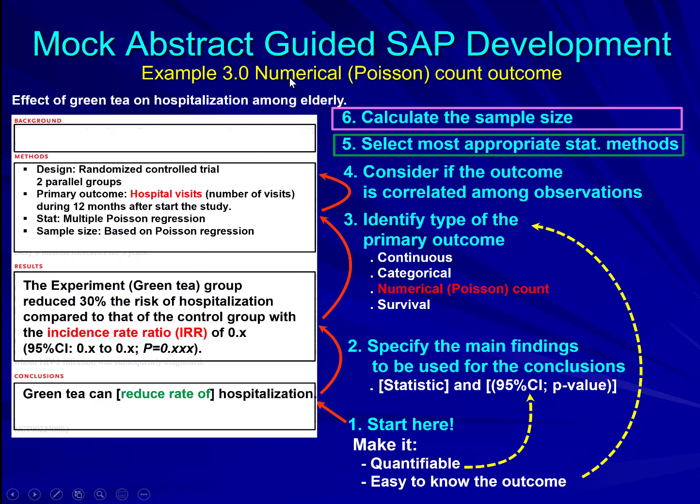Okay, as you can see, change the type of the outcome to numerical count. We write the conclusions in this way. Maybe the first time you are not clear what to put here, but for now, just understand that it really depends on what will be presented, because we will present the incidence rate ratio. That is why we can say reduce rate.